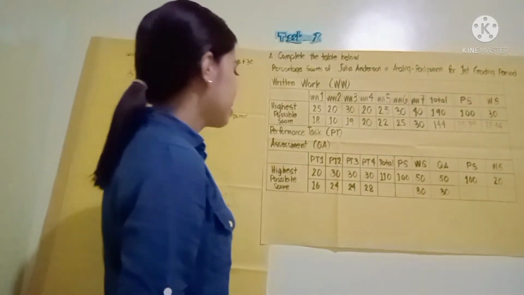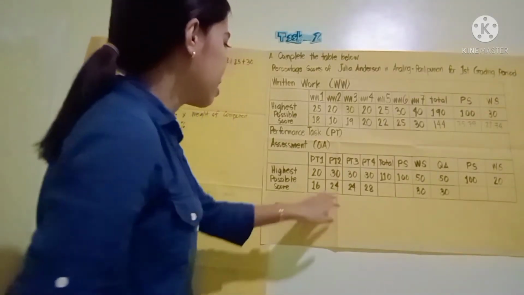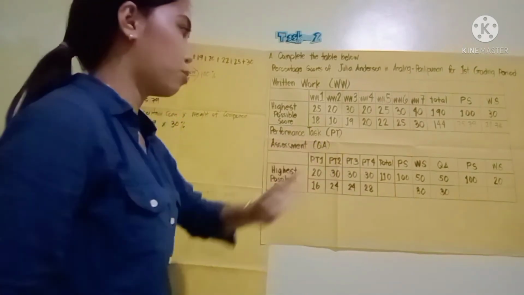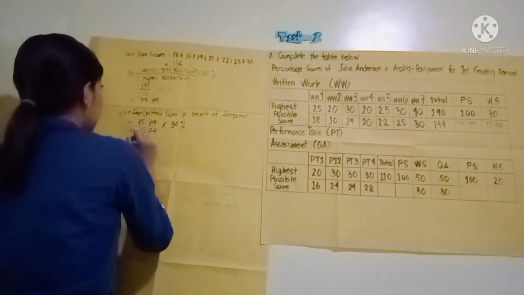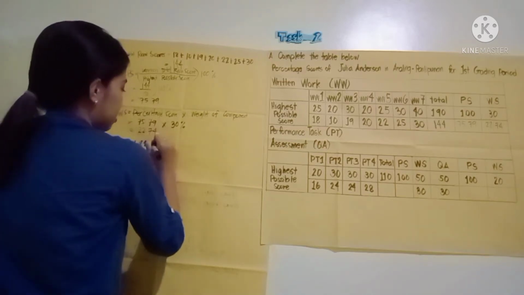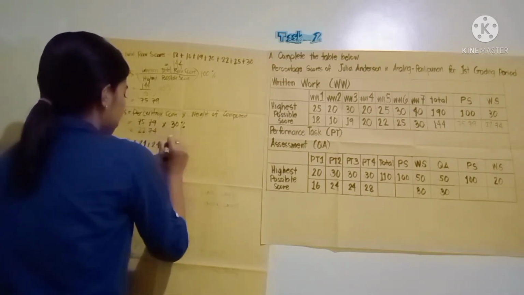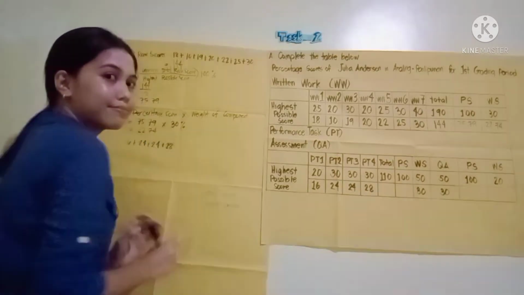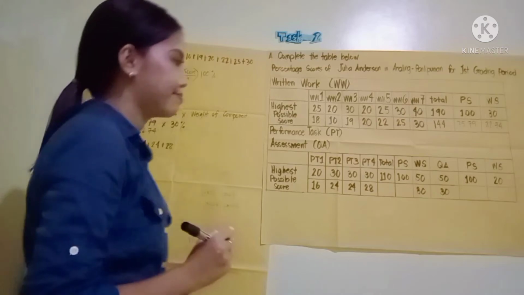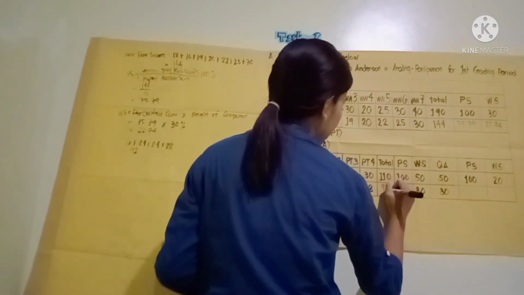Next is getting the total raw score of the performance task. Plus 24 plus 24 plus 28 equals to 92. So it is 92.